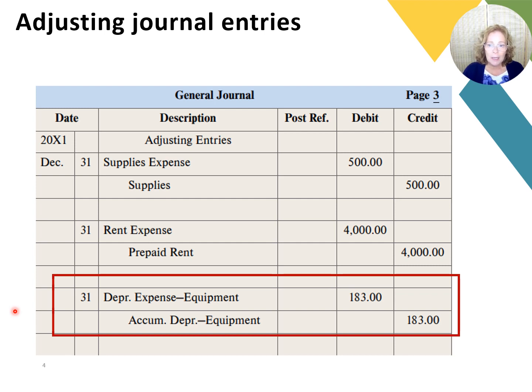To record that entry in the general journal, we'll write the date into the date column, depreciation expense equipment into the description column, and $183 into the debit column. On the next line, we slightly indent and write accumulated depreciation equipment into the description column and $183 into the credit column. So now let's get ready to post these three entries to the general ledger.